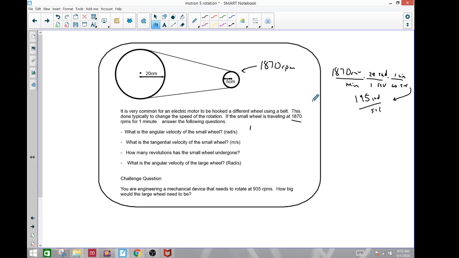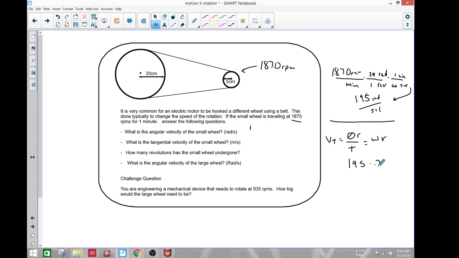All right, so that's the angular velocity of the small wheel. What's the tangential velocity of that wheel? Well, we've had some of these formulas ready. Velocity tangential is distance divided by time. My distance is the angle traveled times r, over time, and that is equal to the angular velocity times r. So I'm going to use this formula: 195 times r.